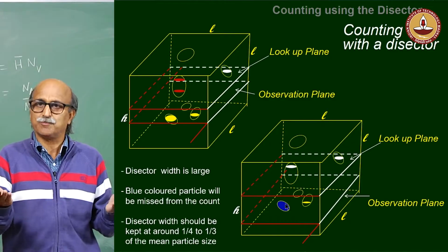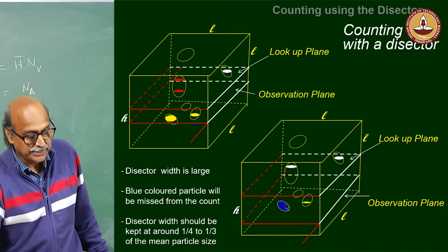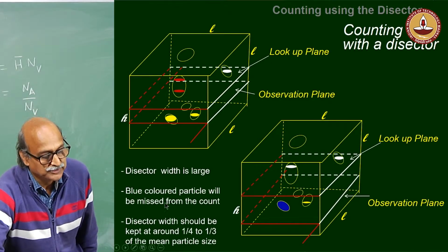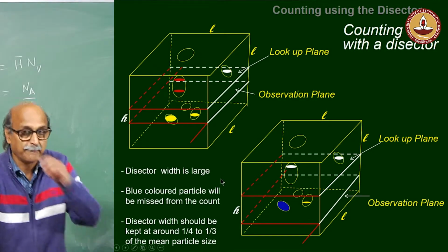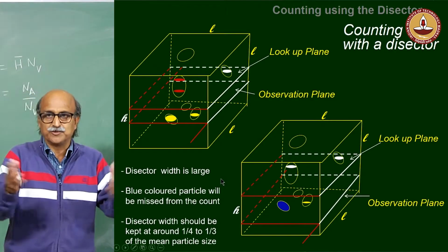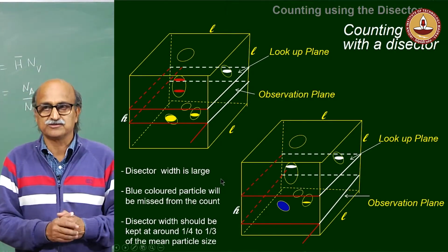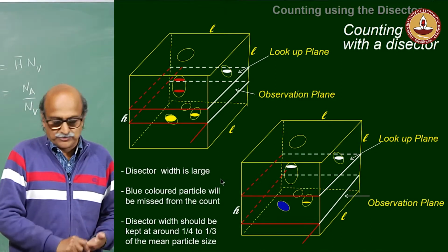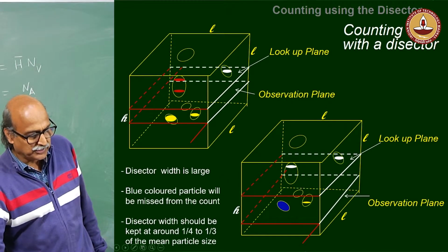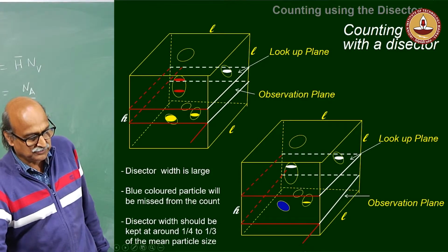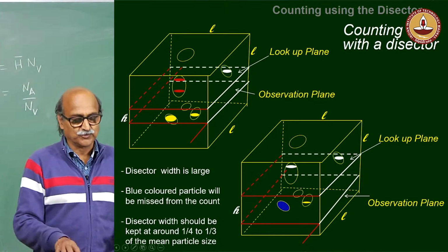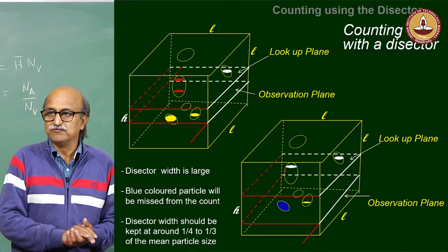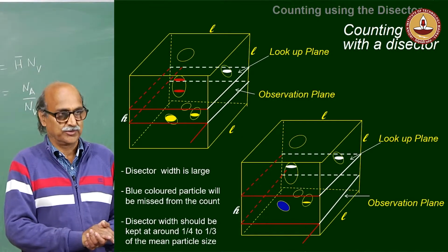So, it will not show up in either of the planes, it will be missed from the count. And if you have large number of such particles, you can get large errors in your numerical density. So, general thumb rule you can take it as that dissector width should be kept around 1/4 to 1/3 of the average particle size. That should give you a reasonably good count.